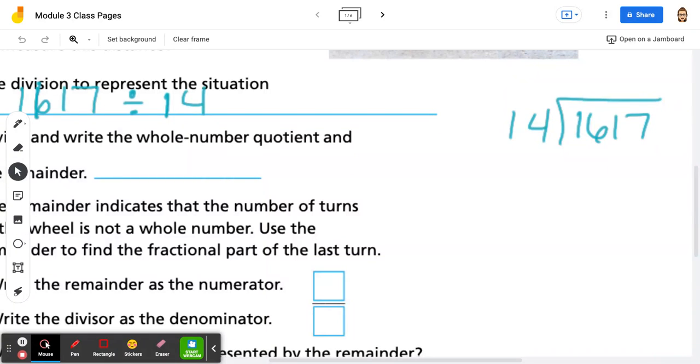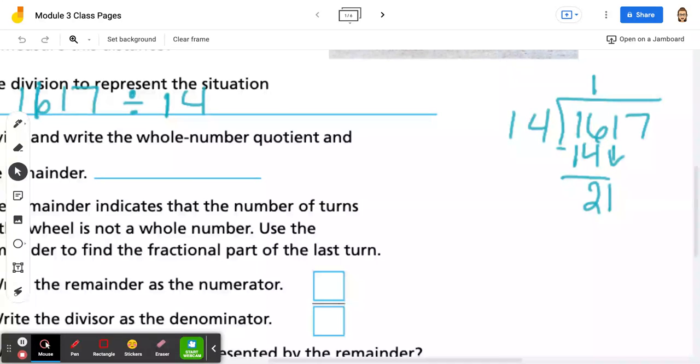Does 14 go into 16? Yes, one time. I'm going to put a 1 above the 16. Then I multiply: 1 times 14 equals 14. I put that below the 16 and subtract. 16 minus 14 equals 2. 2 is less than 14, so I'm good to go. I'm going to bring down the 1.